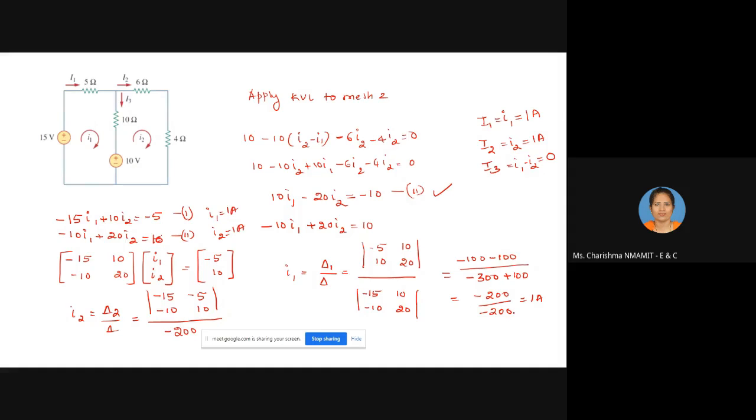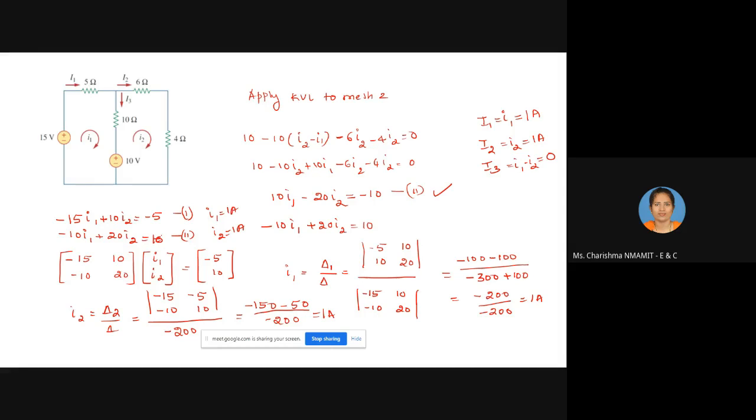Now it is minus 150, minus 50. Minus 150 minus 10 into minus 10 into minus 5 is plus 50. So overall it is minus 50 divided by minus 200. Minus 200 by minus 200, it is 1 amp.